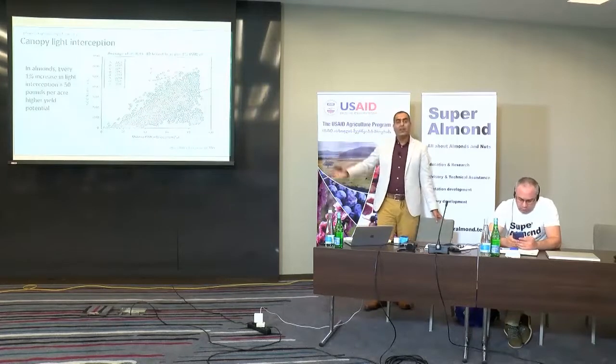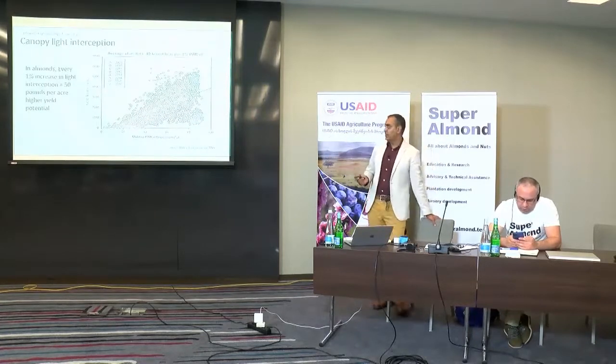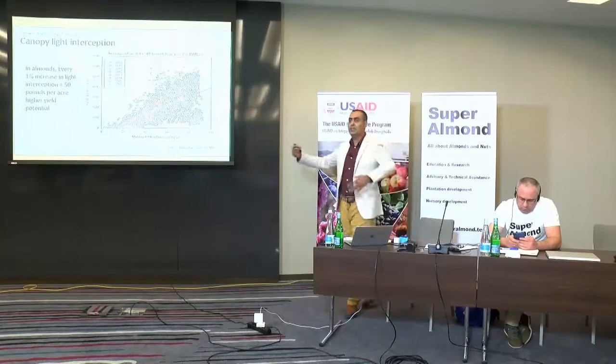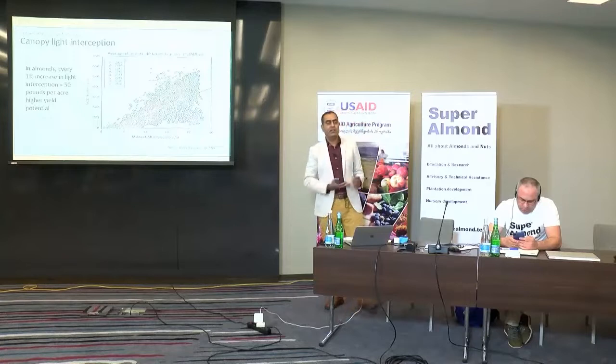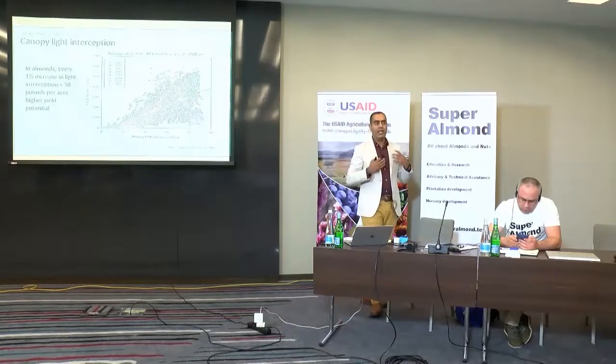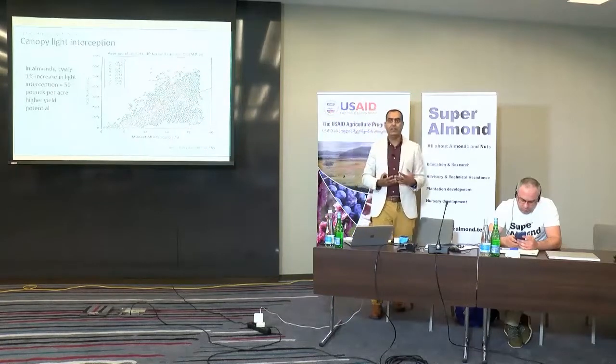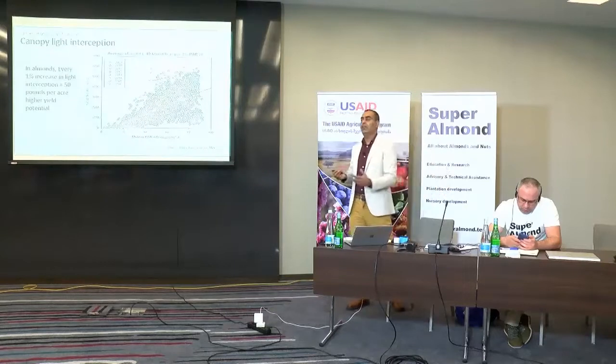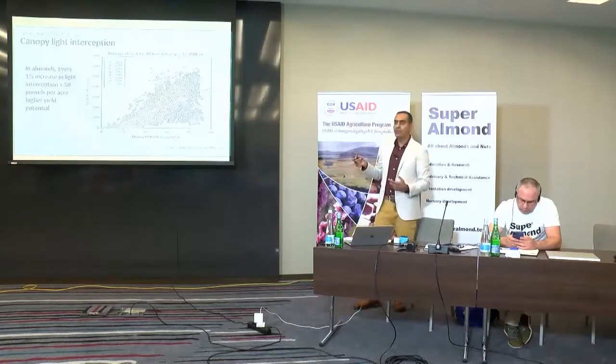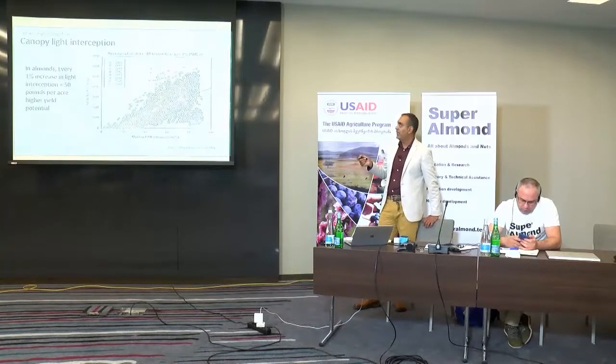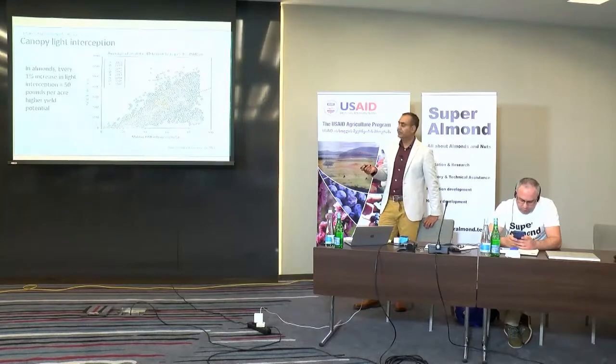So Dr. Bruce Lampinen's research shows what he did. He basically measured the canopy light interception on thousands and thousands of hectares across the state of California, and he threw all that data in this graph. So this is basically the canopy light interception data for these many years throughout the state of California.